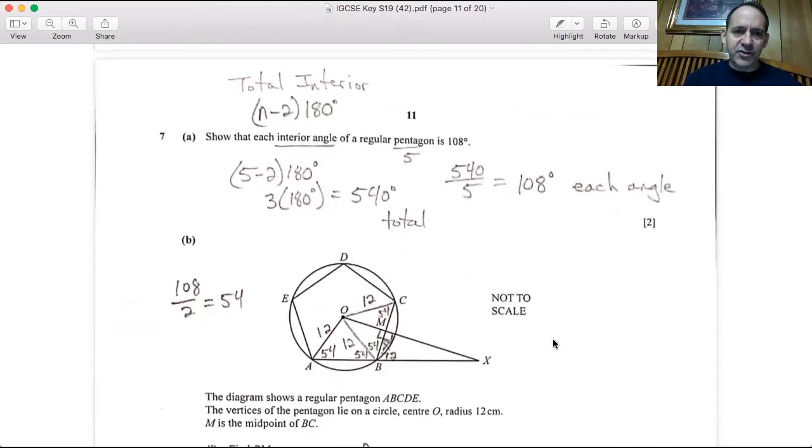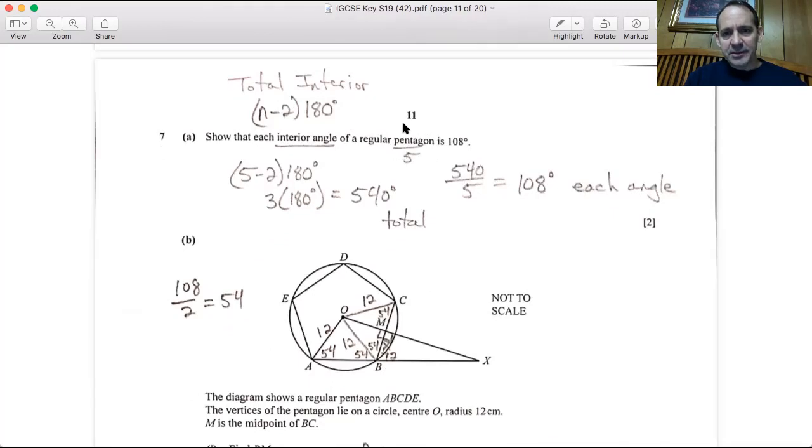Moving on to number 7, we're dealing with interior angles. Your formula for the total number of interior degrees is n minus 2 times 180. N being the number of sides of your polygon, minus 2 times 180 will give you the total number of interior degrees.